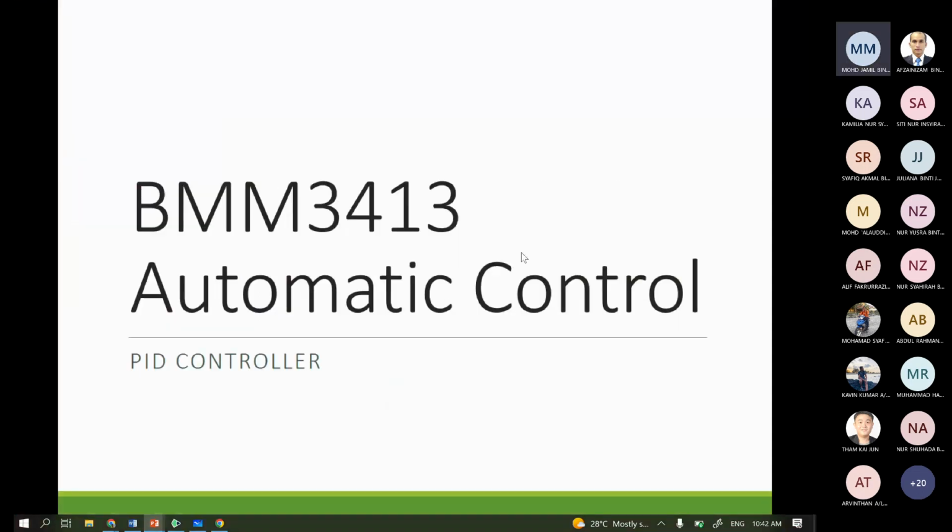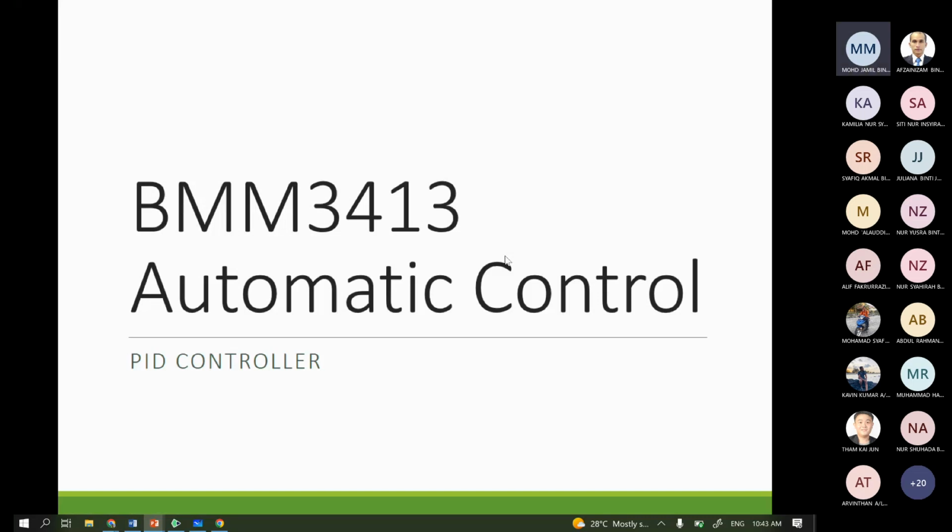Okay, so this is our last lecture. So the last topic is about PID controller. Previously you have learned about designing a compensator to improve the stability and the transient response of your given transfer function.